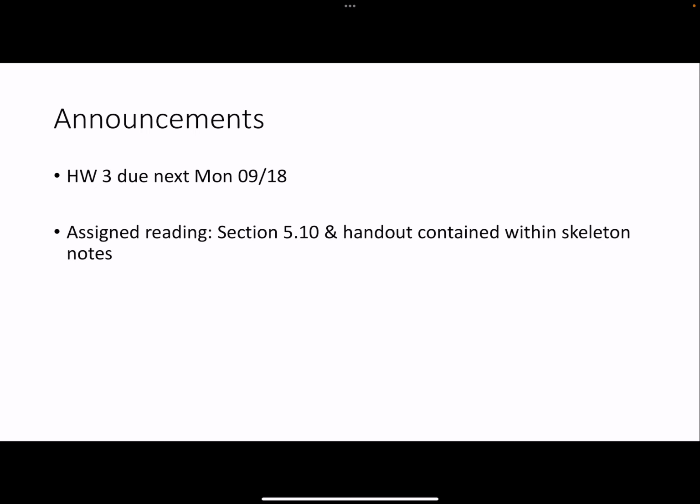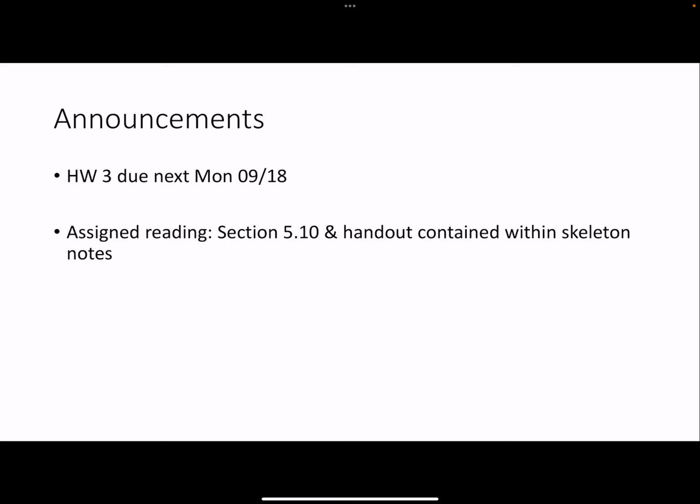Okay, good deal. So the assigned reading for today's lecture is section 5.10, and also the handout that's contained within your skeleton notes. For some reason, your textbook, it's great, I really like it, but the authors chose to not talk about cables at all, which really surprises me.